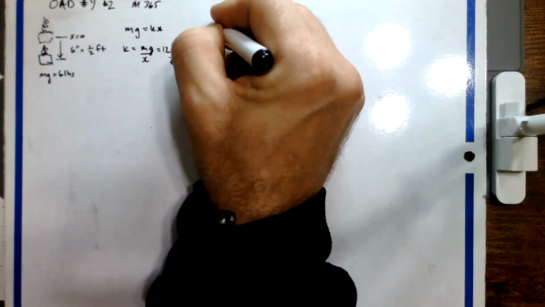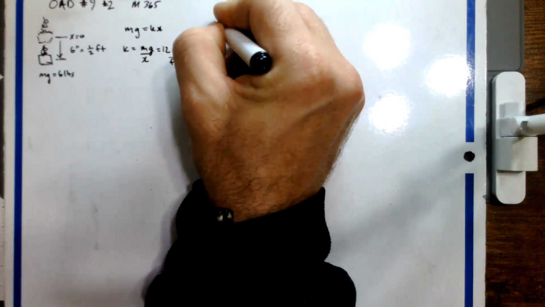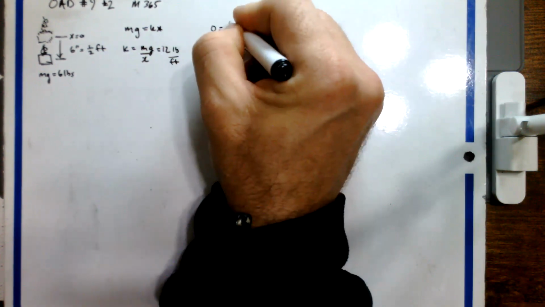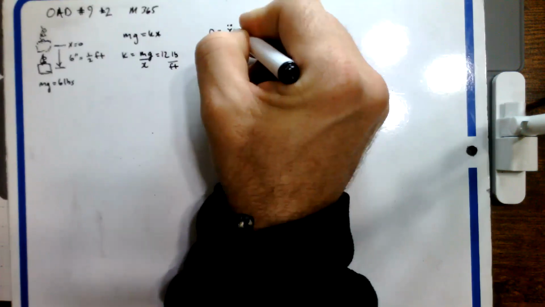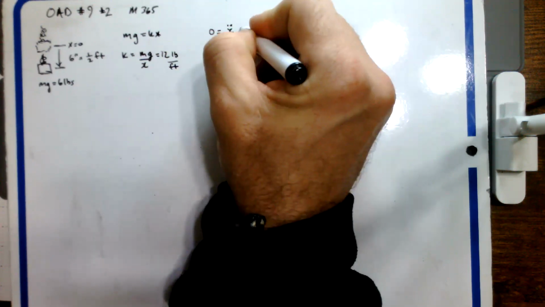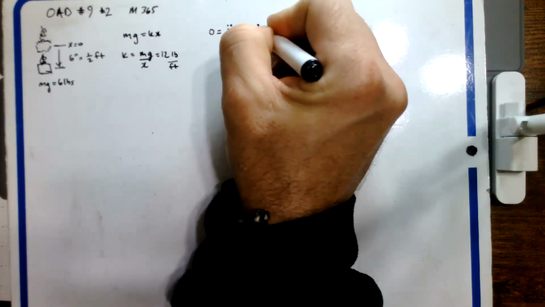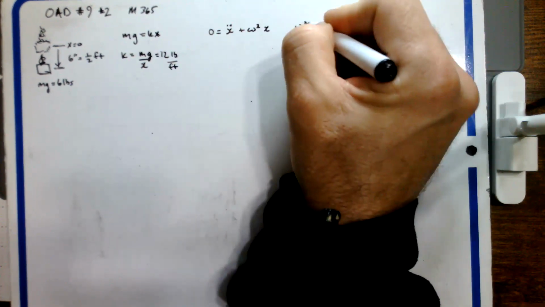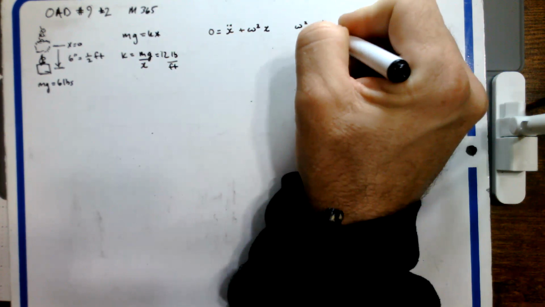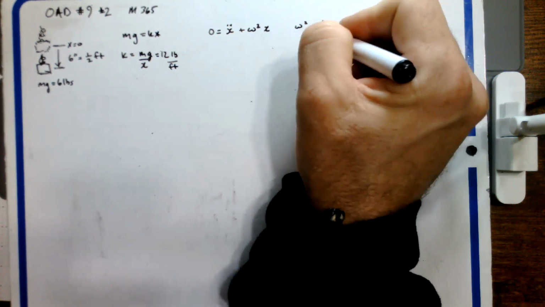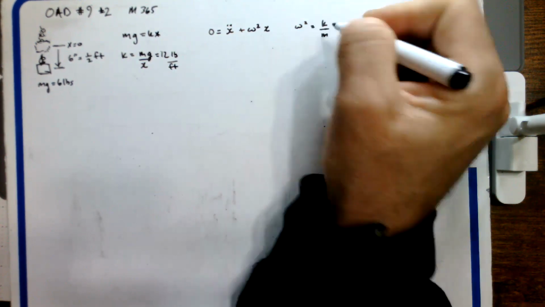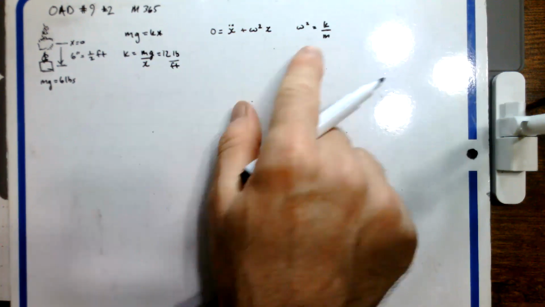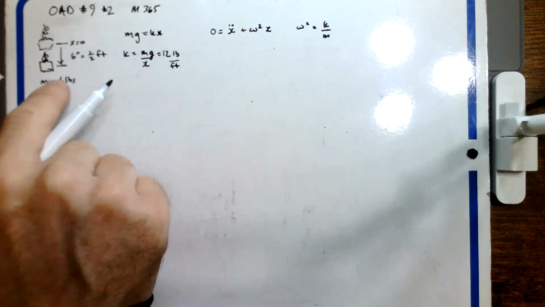We know from Newton's second law that we can write this differential equation as 0 is equal to the second derivative with respect to time, this is the acceleration, plus omega squared x, where x is the displacement, and omega squared is equal to k over m, where k is the spring constant we just found, and m is the mass of this weight.